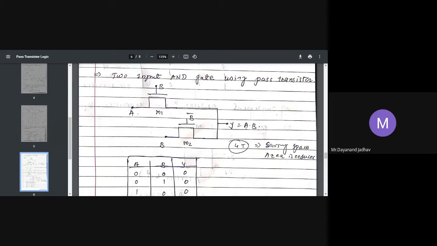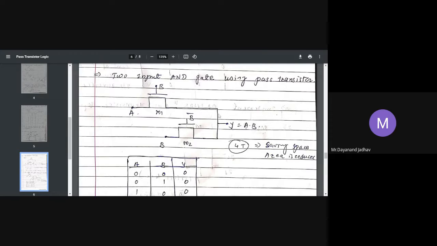When input A applied is 0, B applied is 0. Suppose here the terminal gate voltage is considered as B bar. Why B bar? See here now, A is 0, B is 0. Then if B is 0, there is no output, meaning Y is 0.